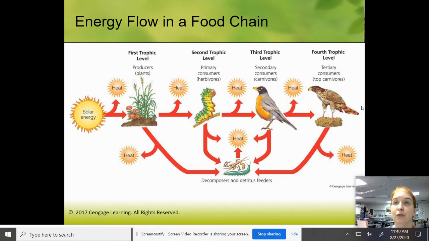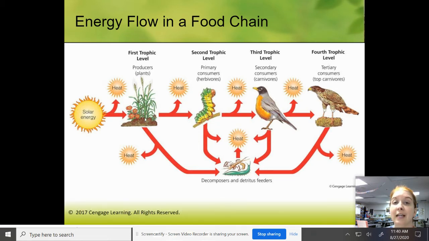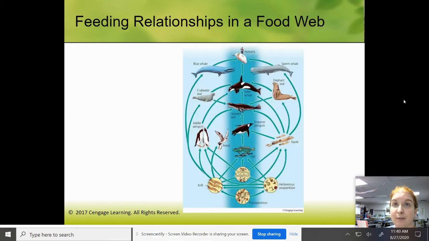At any point in this food chain when something dies, it's broken down and all of the nutrients are returned. But notice the energy flow: the arrows point to the thing that is getting the energy. If this was a hamburger and this was you, the energy goes from the hamburger to you. So make sure when you're drawing one of these that you have the arrows pointing in the correct direction.